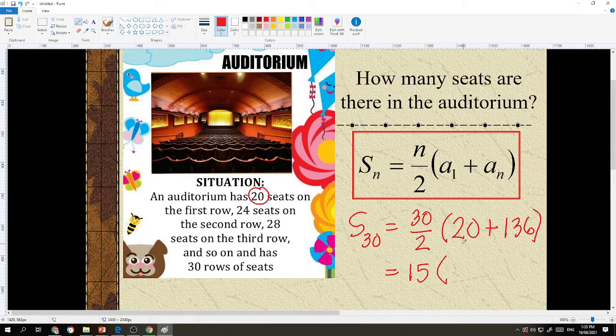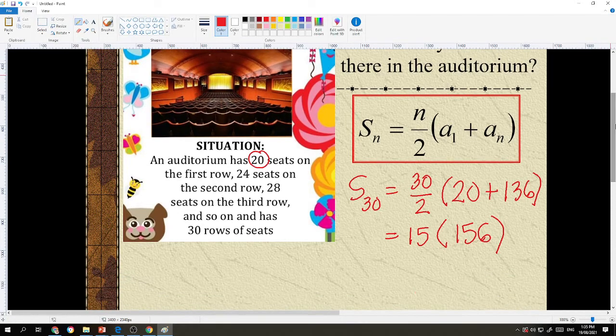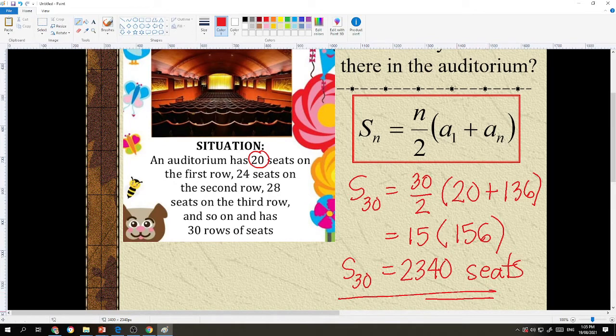Nya i-plus na ko si 20 og 136, makakuha tag 156. What is 156 times 15? Okay, there are 2,340 seats. Mao ni atong answer sa kini nga problem.